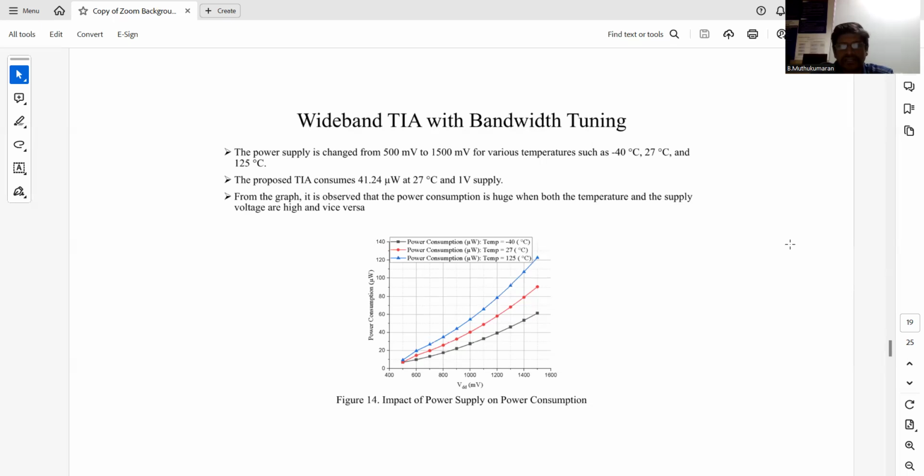So we have analyzed the power consumption over the different temperature ratings. Our proposed TAA consumes 41.24 microwatts at 27 degrees and 1 volt supply. From the graph, it is observed that the power consumption is huge when both the temperature and supply voltage are very high, and vice versa.